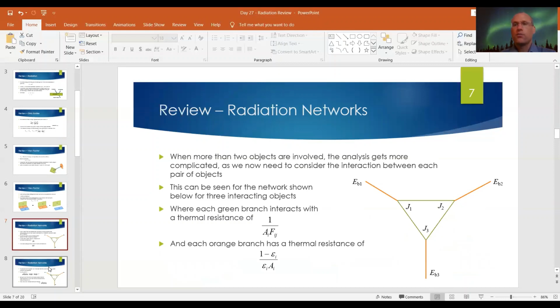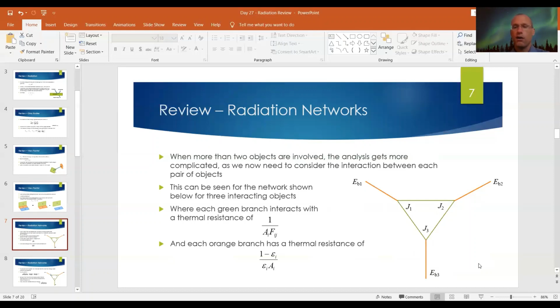So with standard radiation problems, you end up with radiation networks. You have 2, 3, 4, 5 objects, however many there are, all possibly interacting with each other. The most common one we saw were 3-object radiation networks. We also saw a lot of 2-object radiation networks, but those are a lot easier. It's just a linear system from one to the second one.